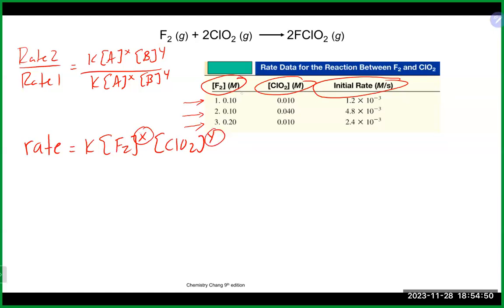If I go to my table, I can see experiment 1 and experiment 2 keep the F2 concentration constant while the other concentration varies. I usually put the one that has the larger rate on top, and that just gives you nicer whole numbers. You can do it either way, but this gives nicer whole numbers in most cases.